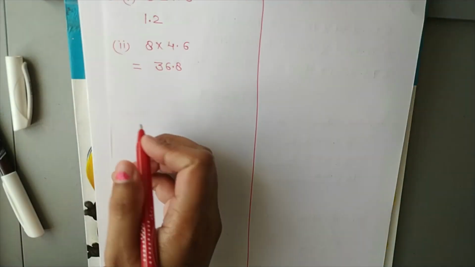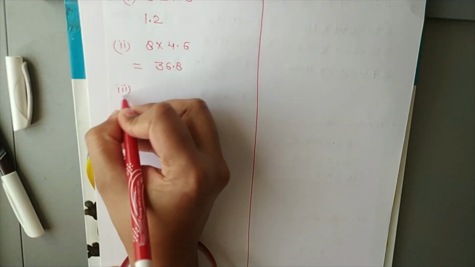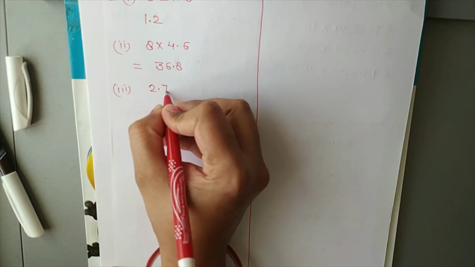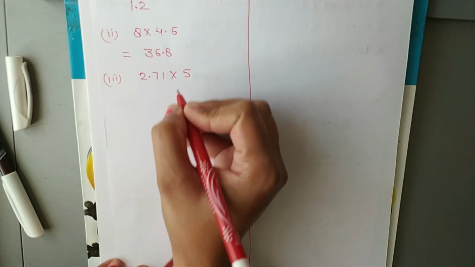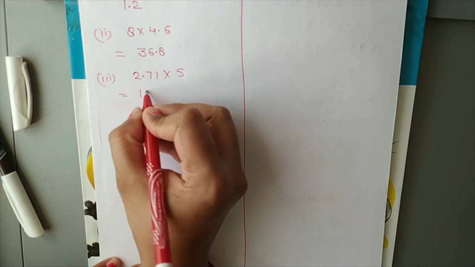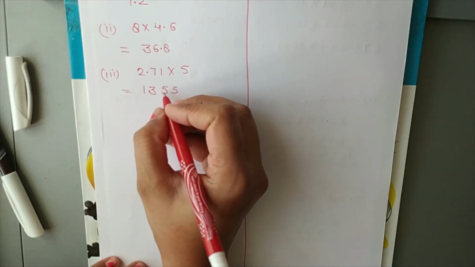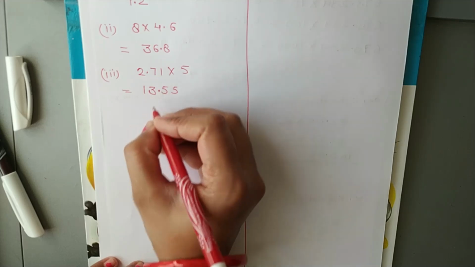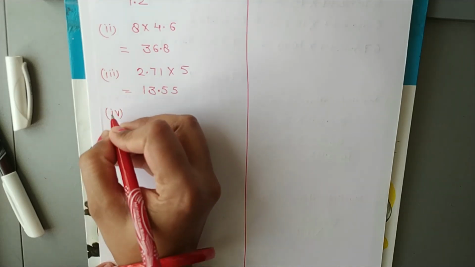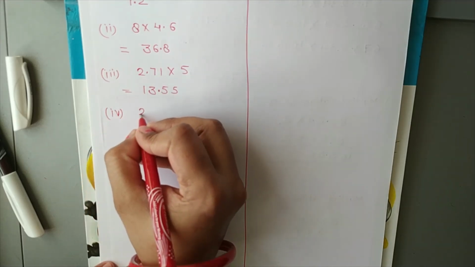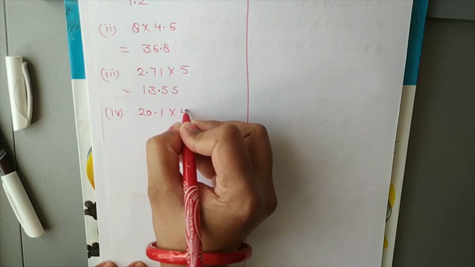Then the third one, 2.71 into 5. So it will be this, after 2 digits we have to put the decimal. Now the fourth one, 20.1 into 4.